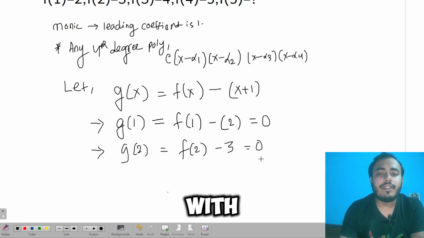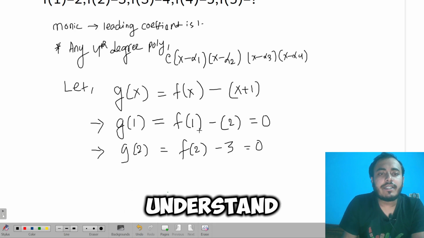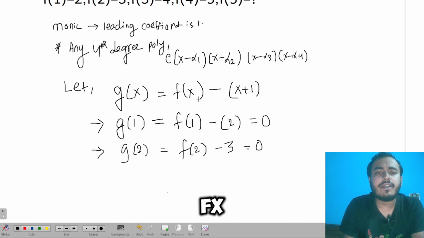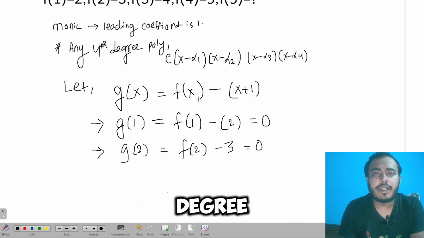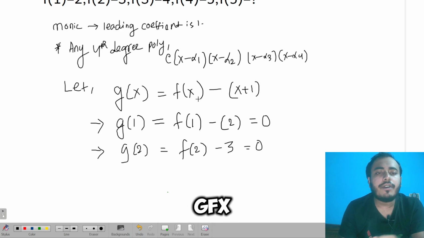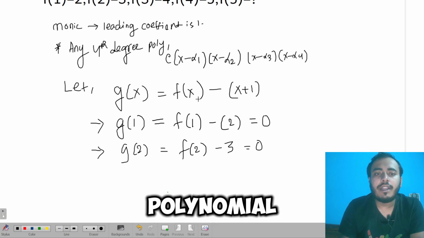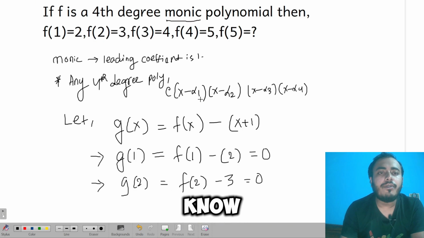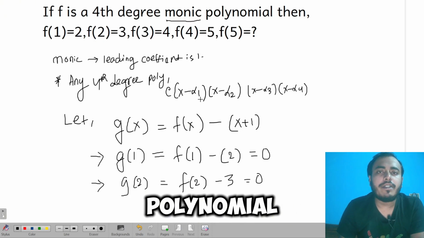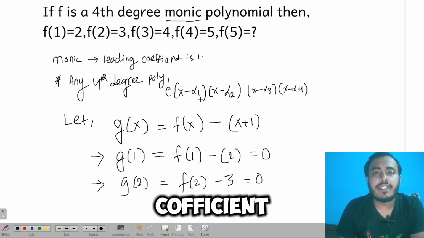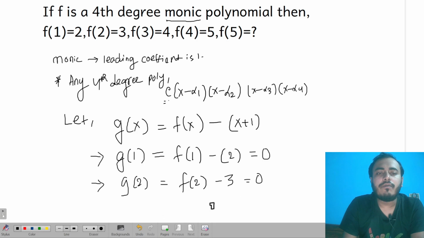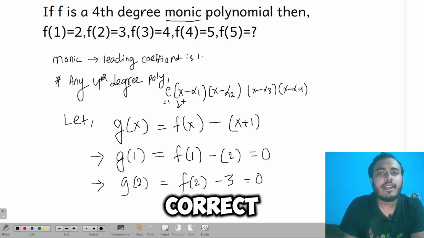Now, with this in mind, we can understand that g of x is a fourth degree polynomial as well, because we are only subtracting a linear term from f of x, which itself is a fourth degree polynomial, right? So g of x will have the same leading term as f of x, but we know that f of x is a monic polynomial, so the leading coefficient is only 1, which means this c is nothing but 1 in this case, correct?